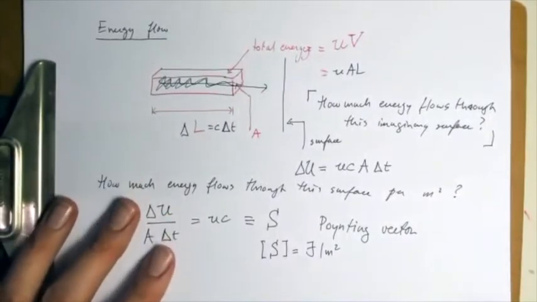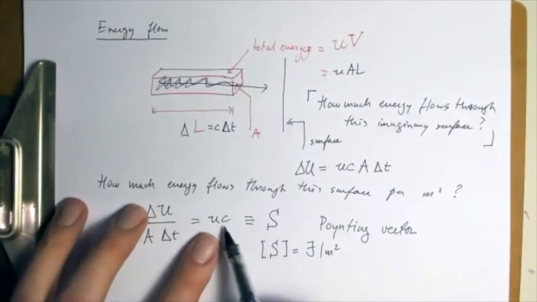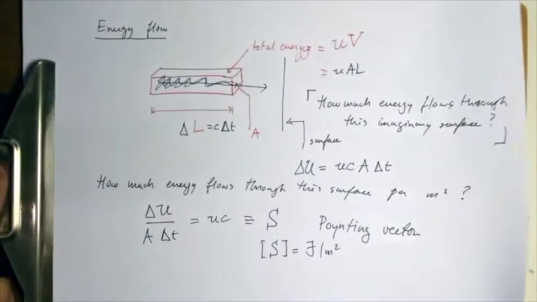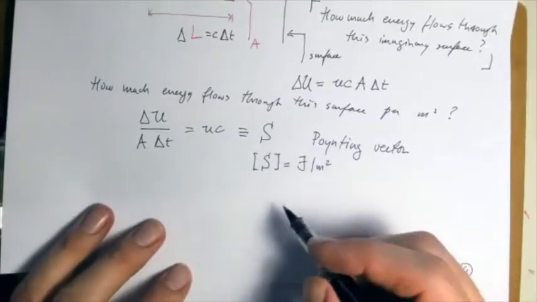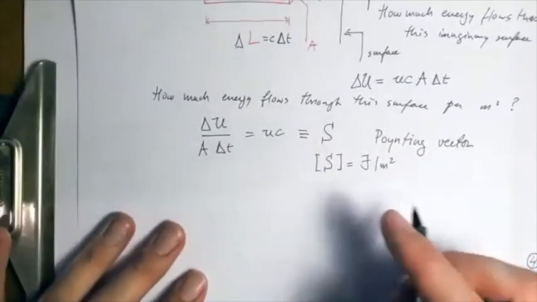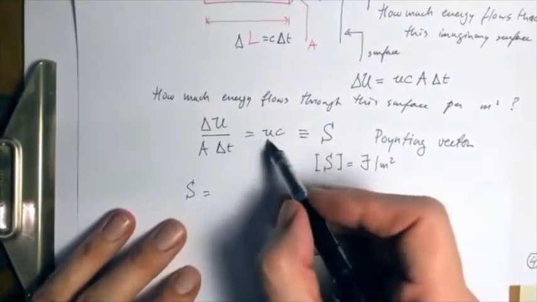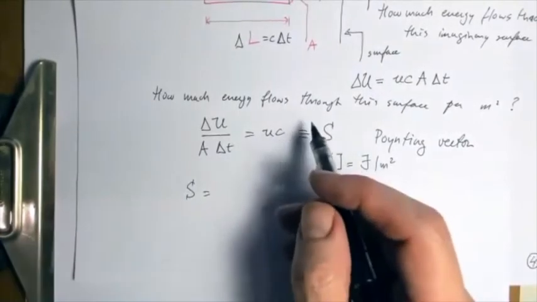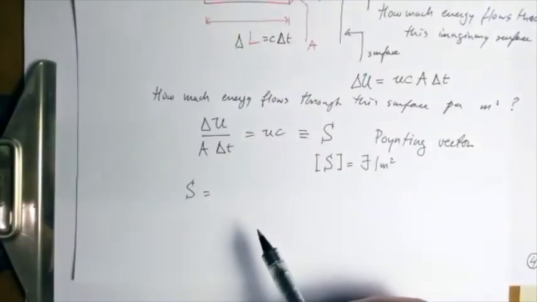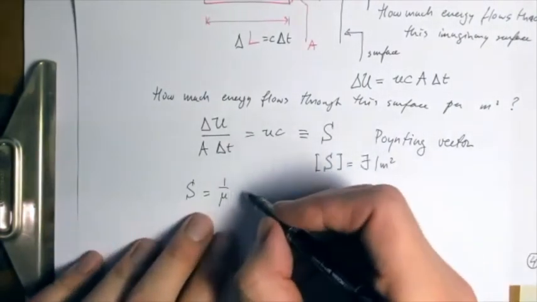And now, because the energy is carried by both the electric field and the magnetic field, we can split that up in two parts, and we can say, well, it's carried by both, so we need to use both the electric field and the magnetic field component. So in that case, if we use this previous expression that we had for u, but now we're going to use both the E and the B component.